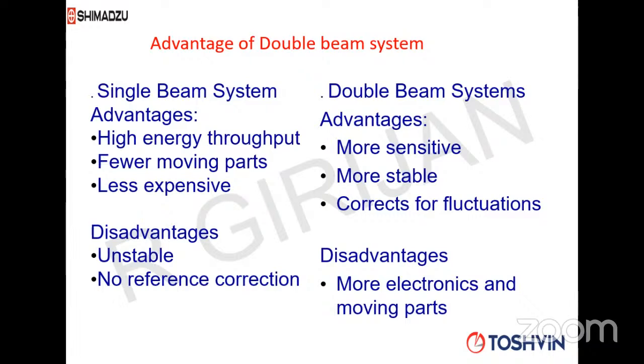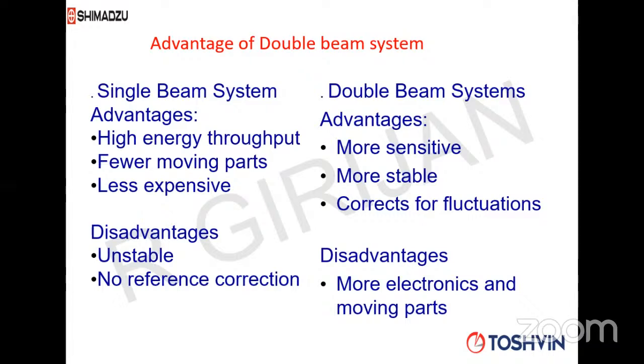But when you look at the double beam, the advantages are more sensitive, more stable, and any fluctuation will be automatically corrected because there is a reference inside. The measurement is done simultaneously on reference and sample. So whatever changes take place in the sample because of any fluctuation, the same thing will be nullified because of the reference correction.